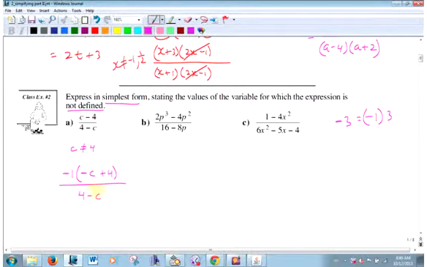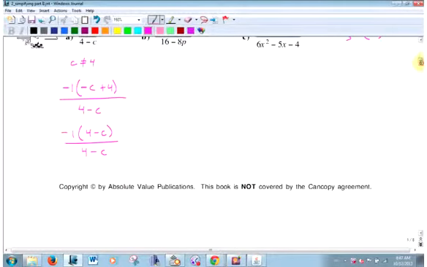This is 4 minus C, that's 4 minus C. Let's just write it the other way. 4 minus C over 4 minus C. Now, I can cancel something. Anything divided by itself is 1. Okay? So this guy is just minus 1.